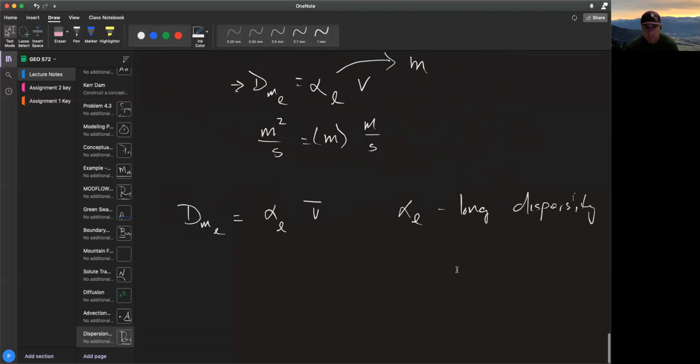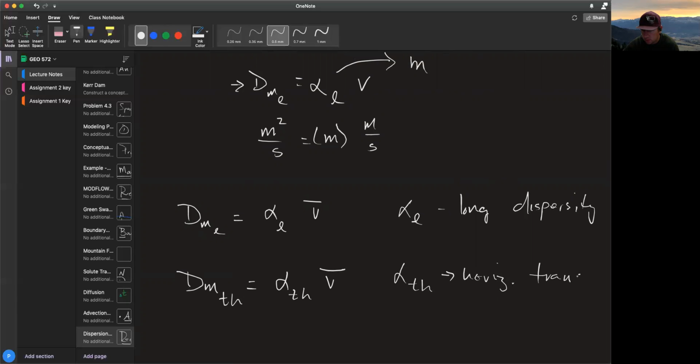DM transverse horizontal is alpha TH times V bar. Alpha TH is the horizontal transverse dispersivity.